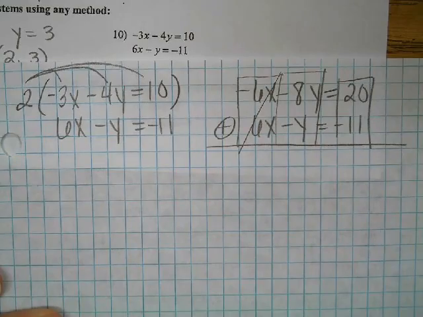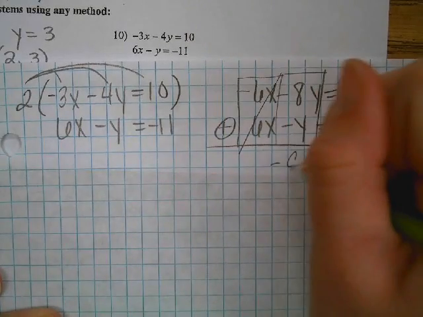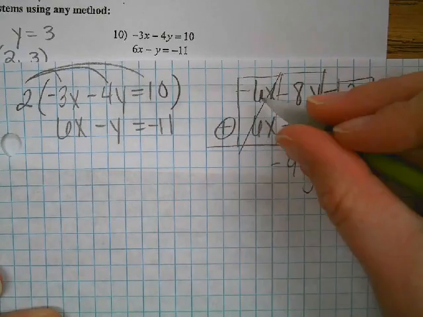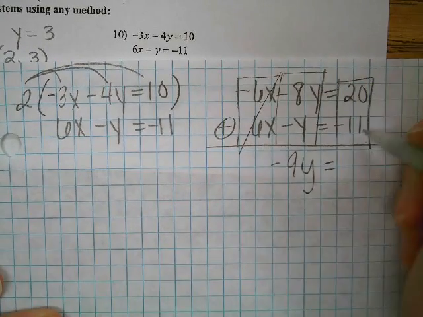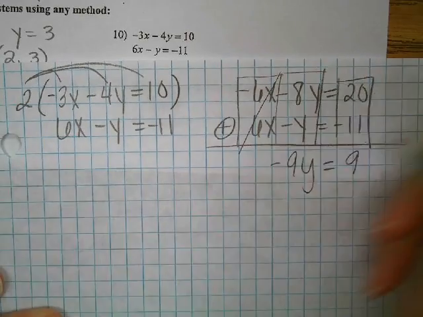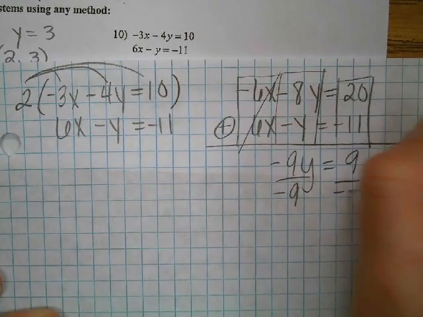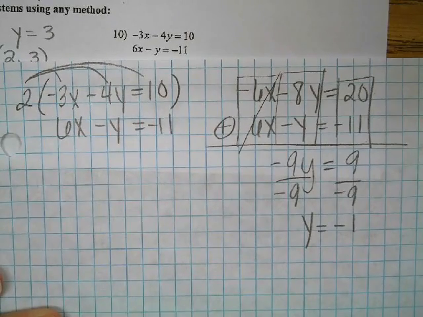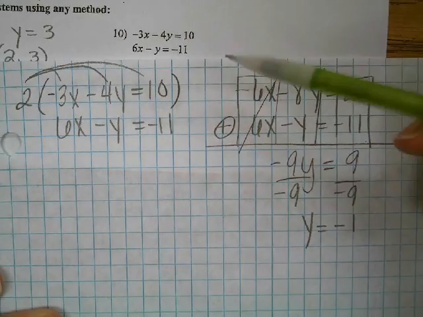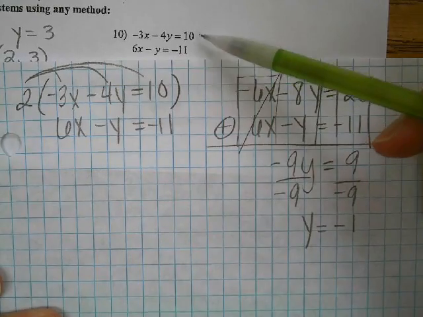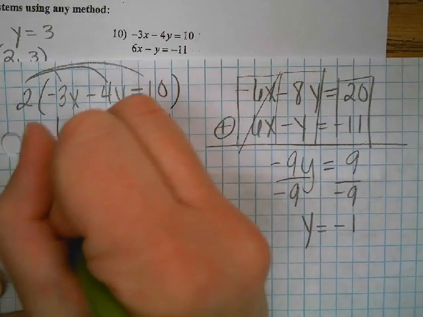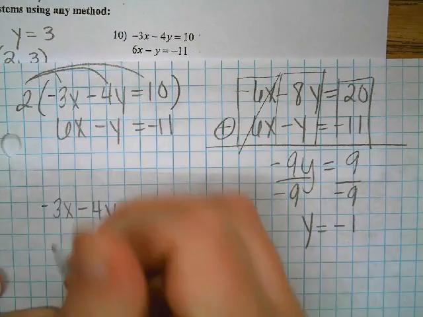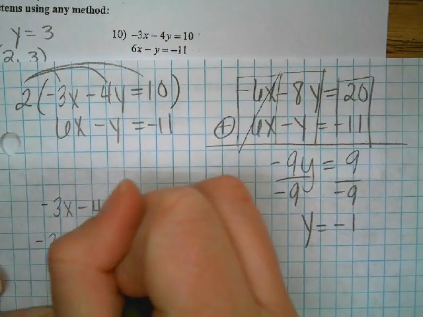Negative 8y plus negative 1y is negative 9y. And 20 plus negative 11, or 20 minus 11, is 9. Divide both sides by negative 9, and you get y is negative 1. To solve for x, again, pick either equation. I'm just going to pick the top equation, and I'm going to substitute negative 1 for y.